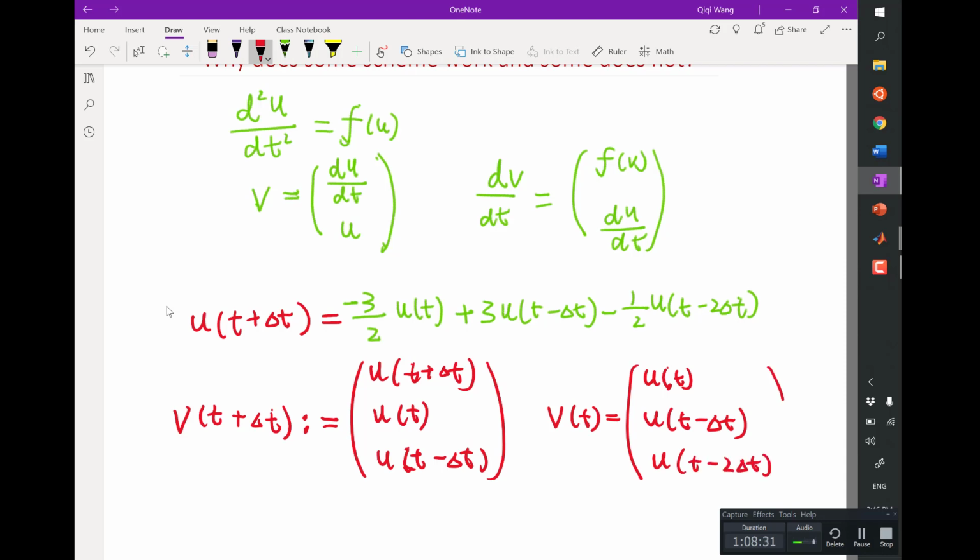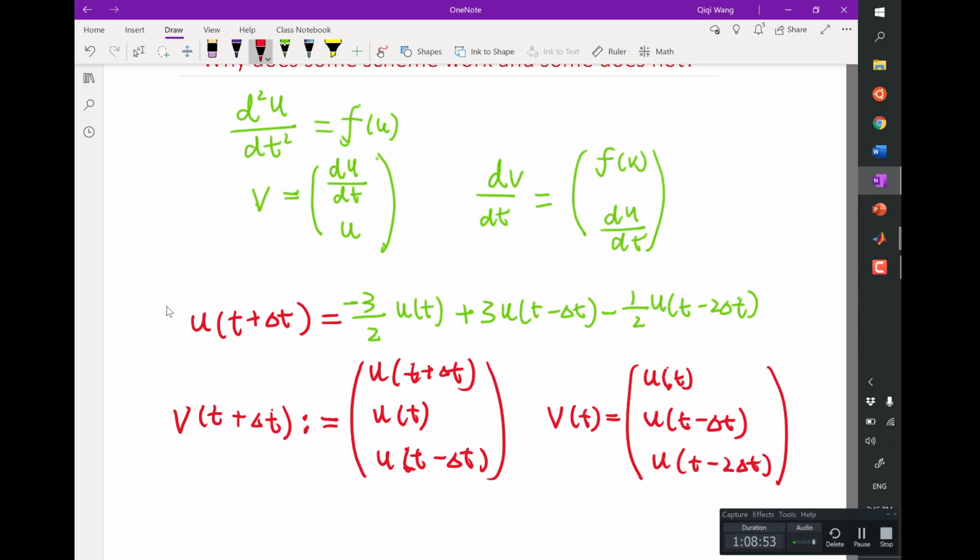Do you see the connection between these two methods? In the first case, we have a second order ODE, right? We introduce another variable, we turn it into the first order ODE. In the second case, we have an algebraic relationship that uses not one term but 3 terms, right?